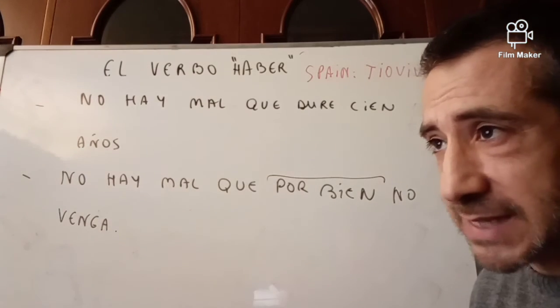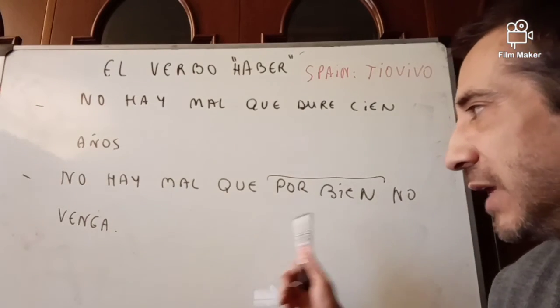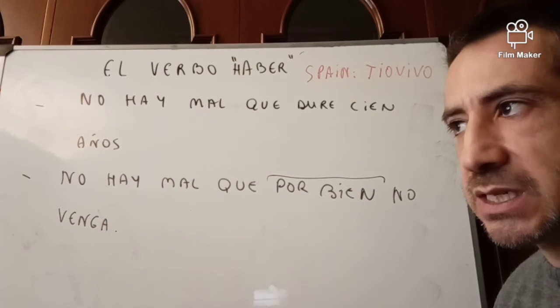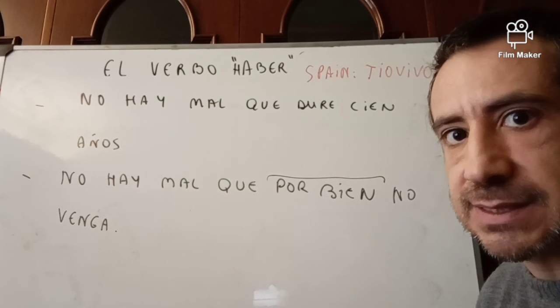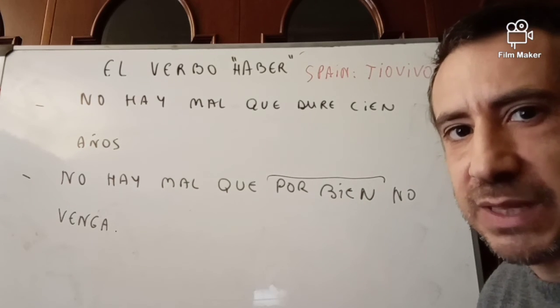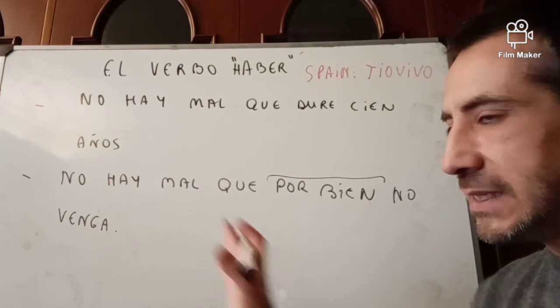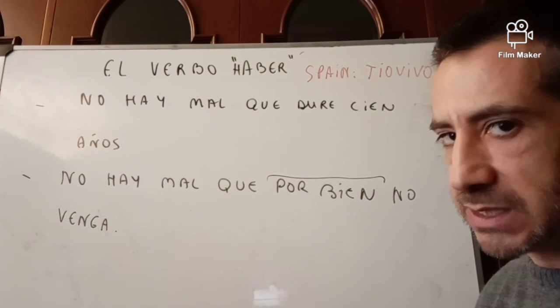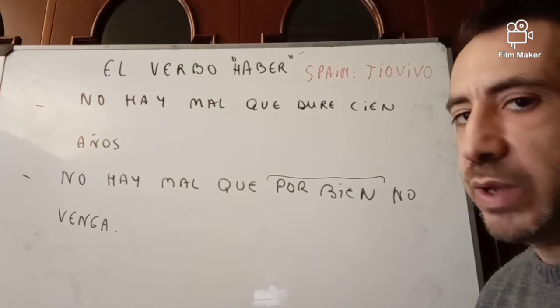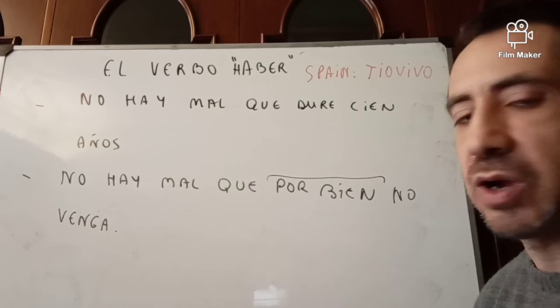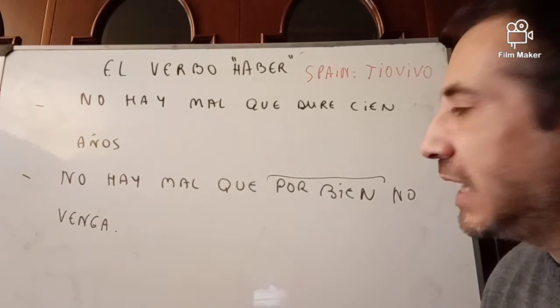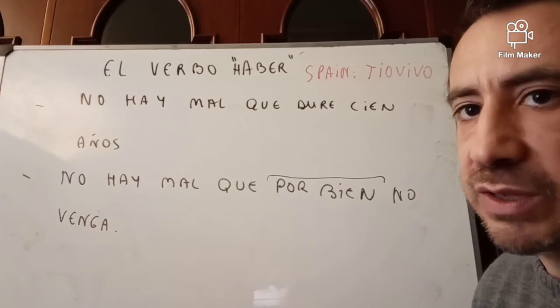It's a hopeful saying. No hay mal que por bien no venga. Every bad situation teaches us something. That's the meaning. And once the bad situation's happened, we feel stronger and more confident. That's the meaning. And let's see a final saying or proverb.